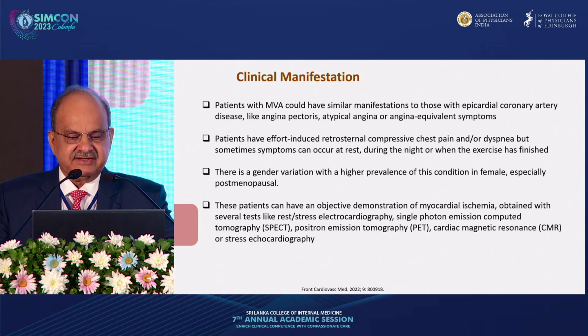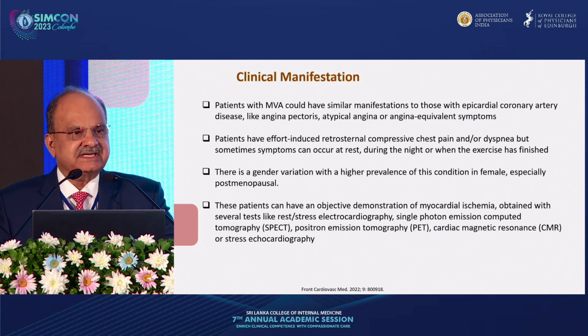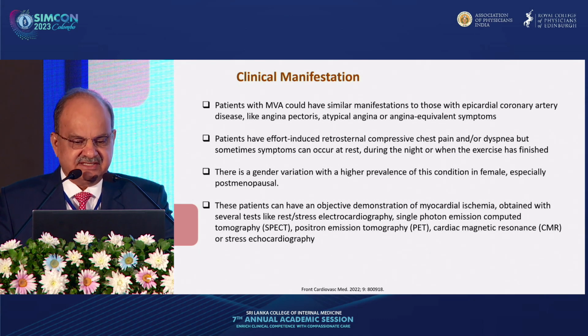There is a gender variation, with a high prevalence of the condition in females, especially post-menopausal females. These patients can have objective demonstration of myocardial ischemia, obtained with several tests like rest or stress electrocardiography, single photon emission computed tomography (SPECT), PET, cardiac magnetic resonance (CMR), or stress echocardiography.